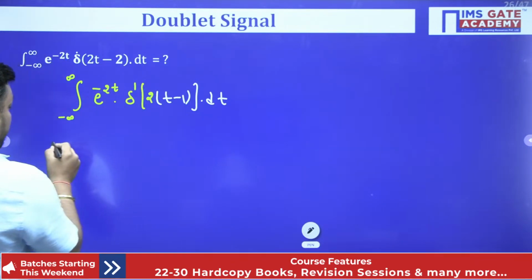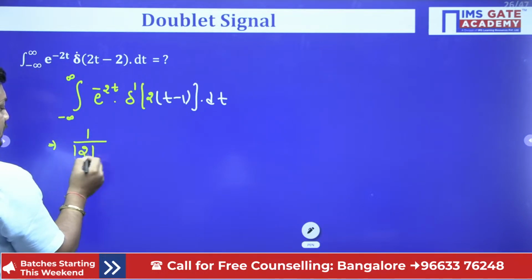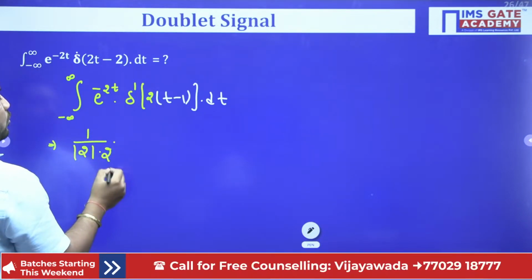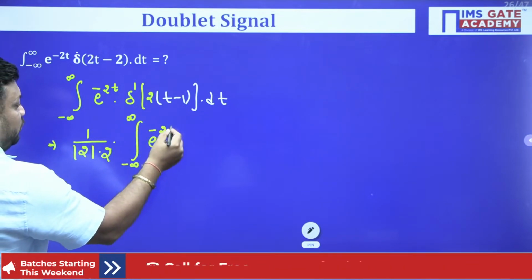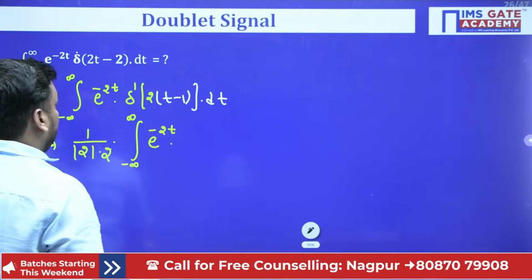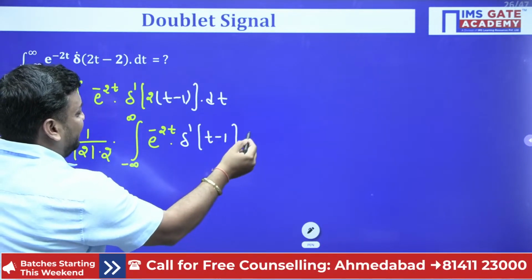So now student, you can write the a factor is nothing but 2 only. So take outside 1 by mod of 2 into 2, and inside the integration you can write e to the power minus 2t dot del dash of t minus 1 into dt.